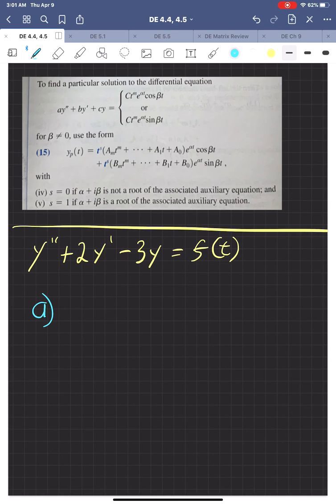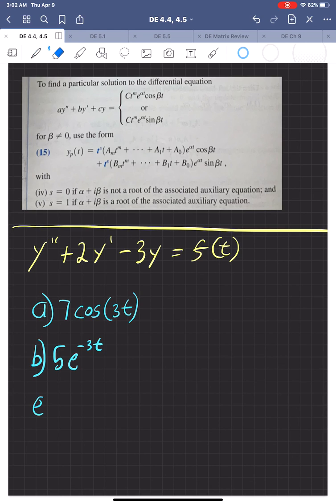So we have 7 cosine of 3t. Can you set that up? Can you set up 5e to the negative 3t? Can you set up, let's make it a little bit harder.